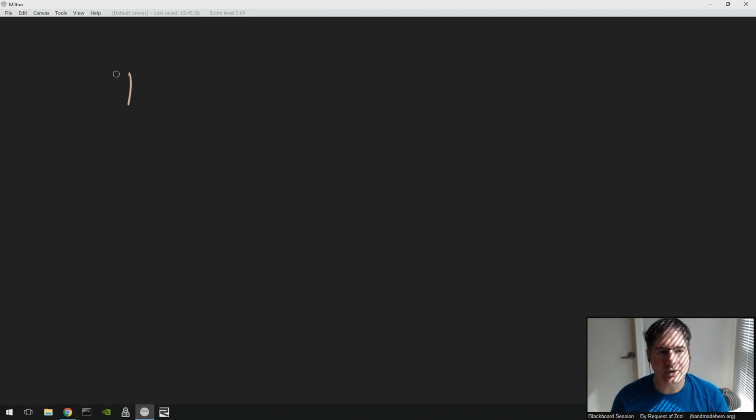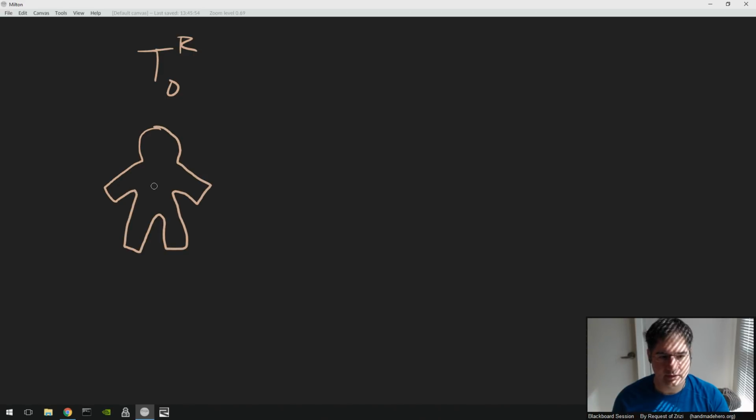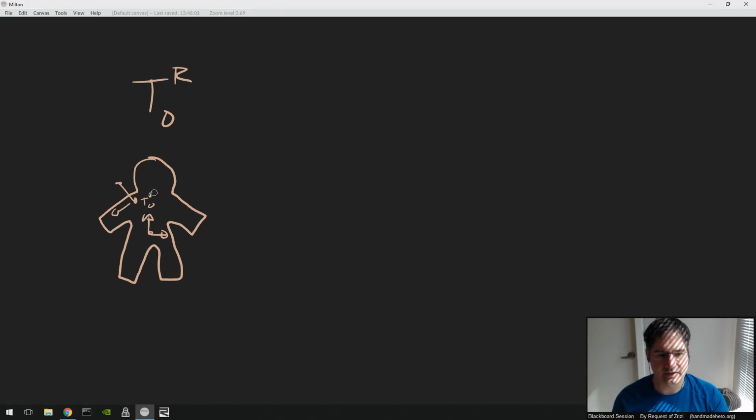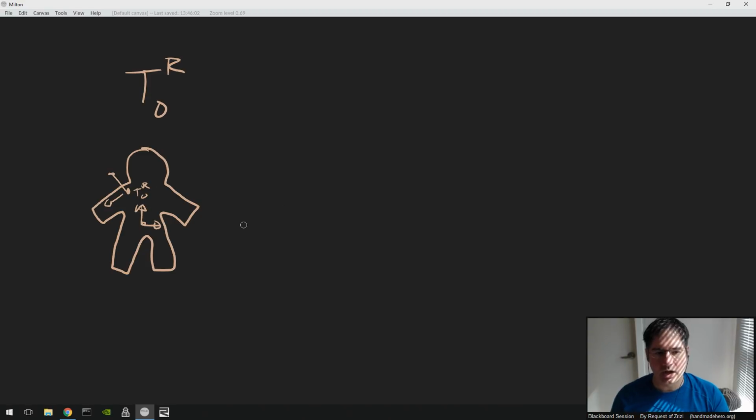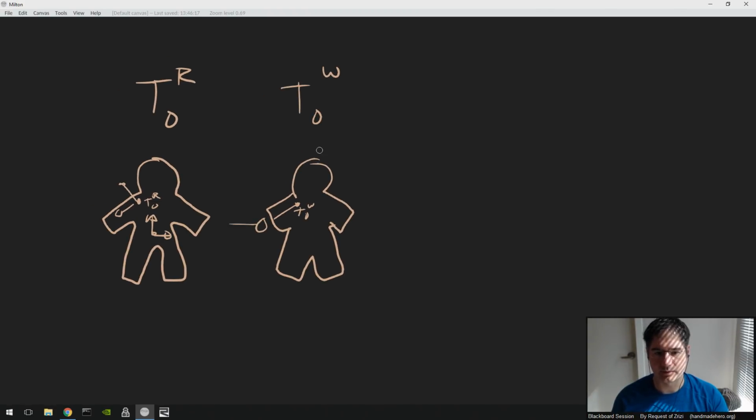All right. So I have T0 in the rest pose. Okay. What is that? Here is the origin of my coordinate system. Here is T0 in the rest pose. Okay, so that's T0R. I need to produce a different T0 in world space, right?